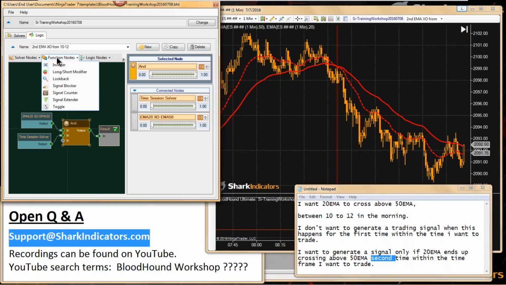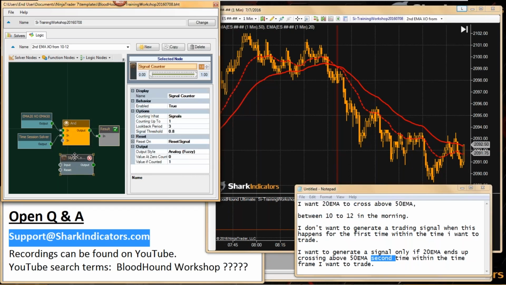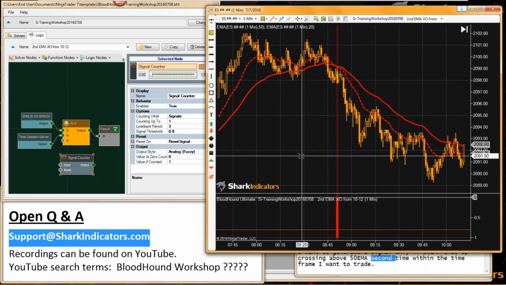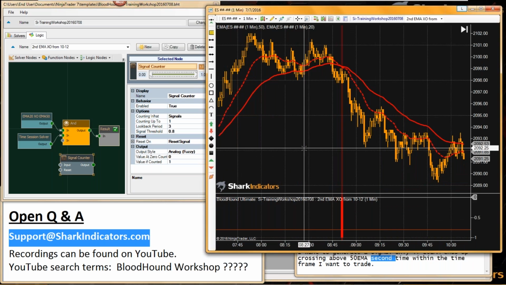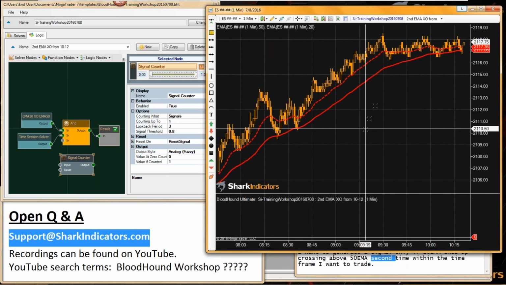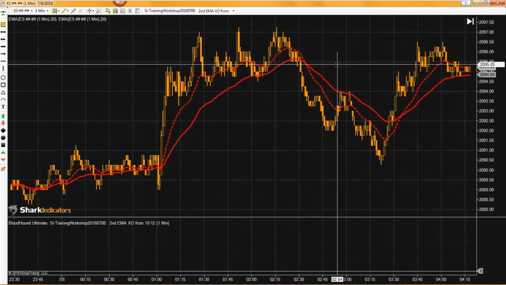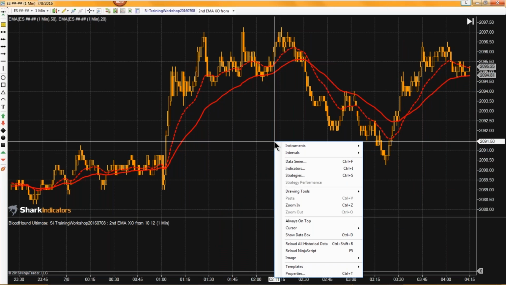So that's when we're going to need a signal counter. So that's what that guy's for. And let's see. I think the tricky part is going to be actually finding some signals. So just a moment while I scan through this chart here.